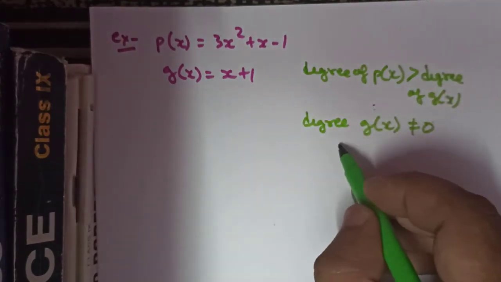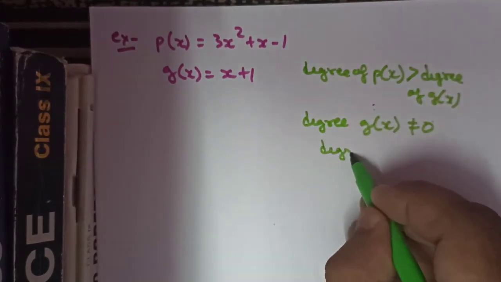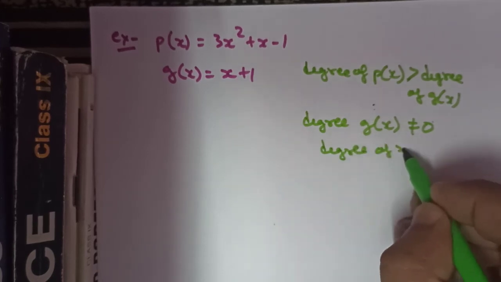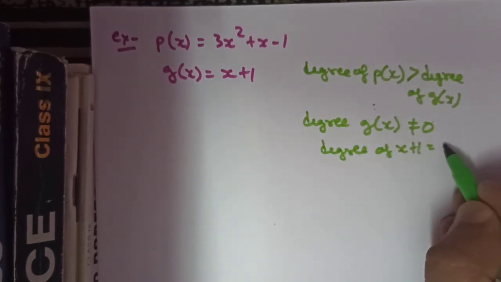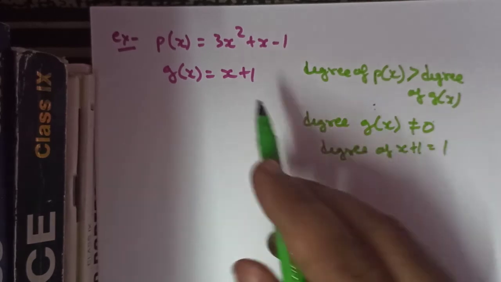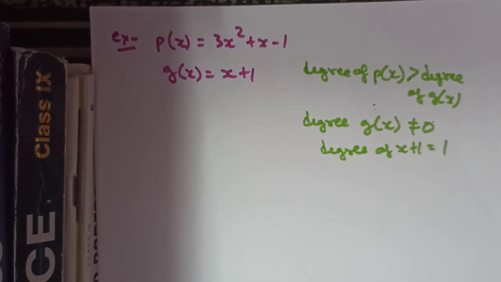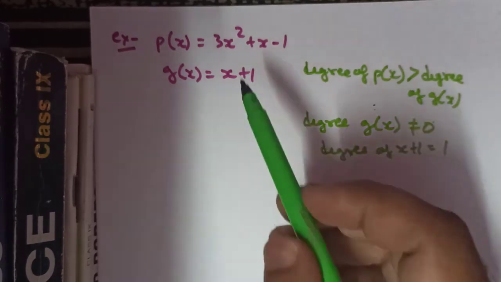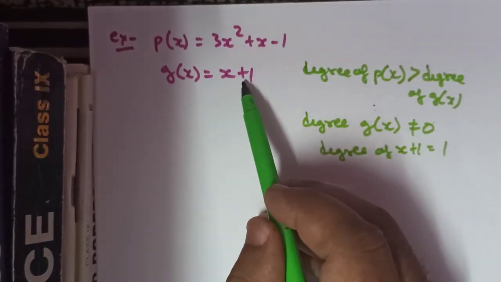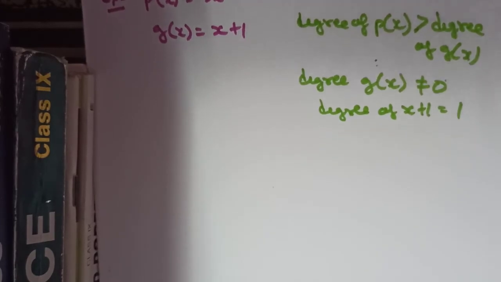It is not equal to 0 here. Degree of x plus 1 is equal to 1 because the highest power of variable x is 1. So second point is also satisfied. Third point is regarding the remainder. Here this is not a constant polynomial, it is a linear polynomial.